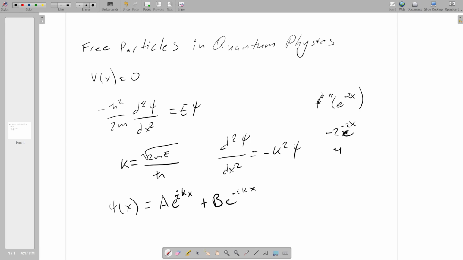Part of that is because we don't have any boundary conditions. If you remember, two videos ago we were able to find a solution because we could set it equal to 0 at the boundaries of the square well. That's how we went about solving it.